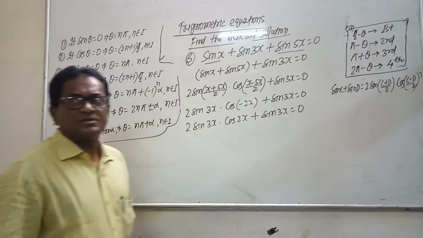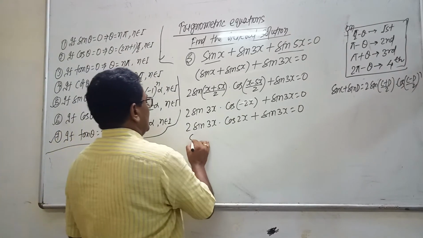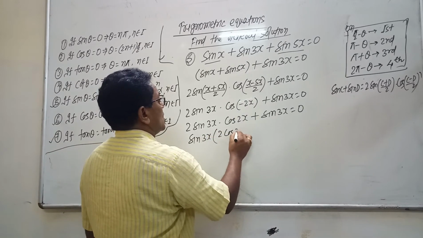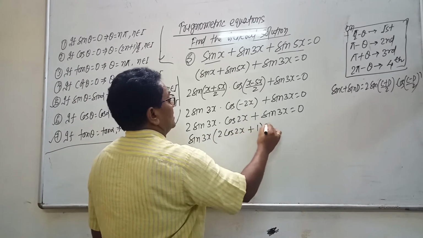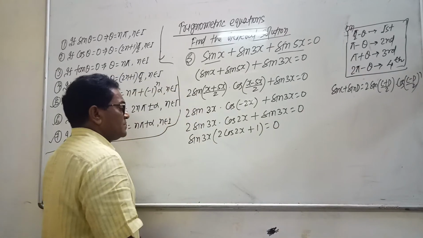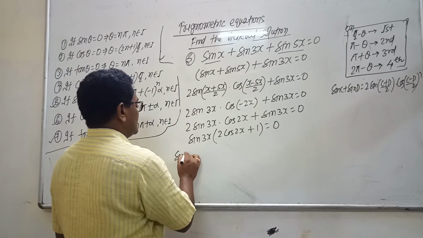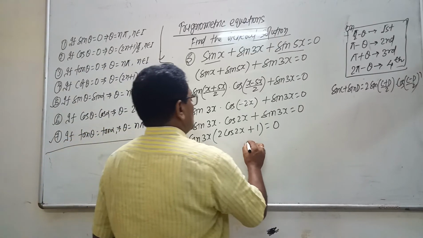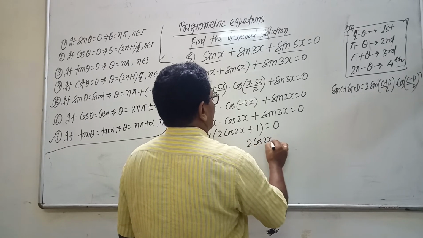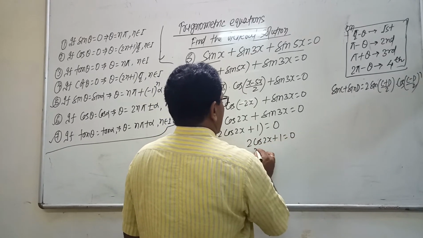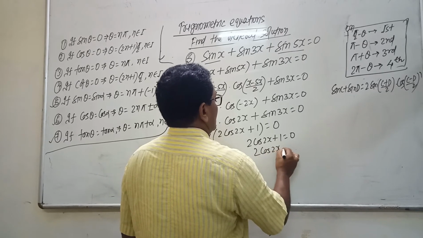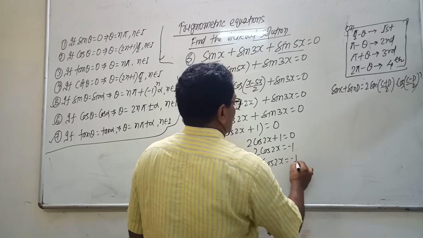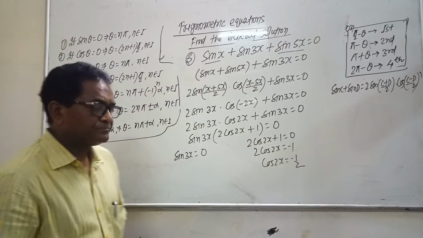From these two terms, sin 3x is common. So by taking sin 3x common, we get 2 cos 2x plus 1 equals 0. So it gives two values. One is sin 3x equals 0 and another is 2 cos 2x plus 1 equals 0, so 2 cos 2x equals minus 1 and cos 2x is equal to minus 1 by 2.